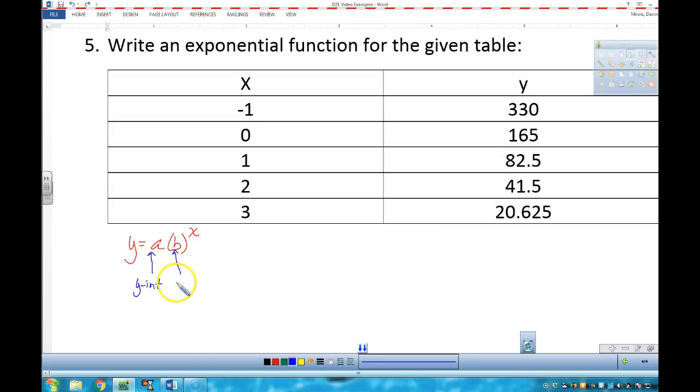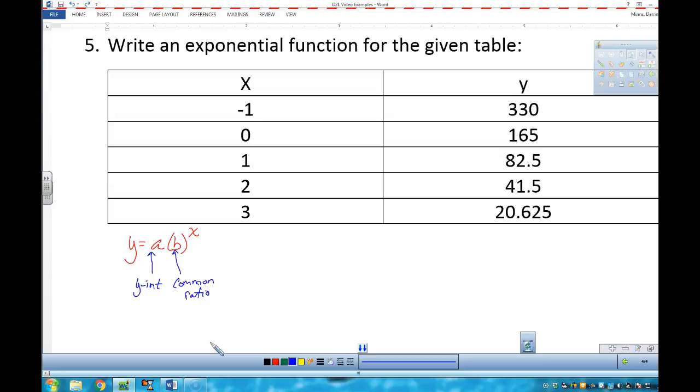B in an exponential function is called the common ratio. And we know that the common ratio is simply the multiplier. How do we get from one to the next? So we look at this equation and we say, okay, what's the y-intercept?